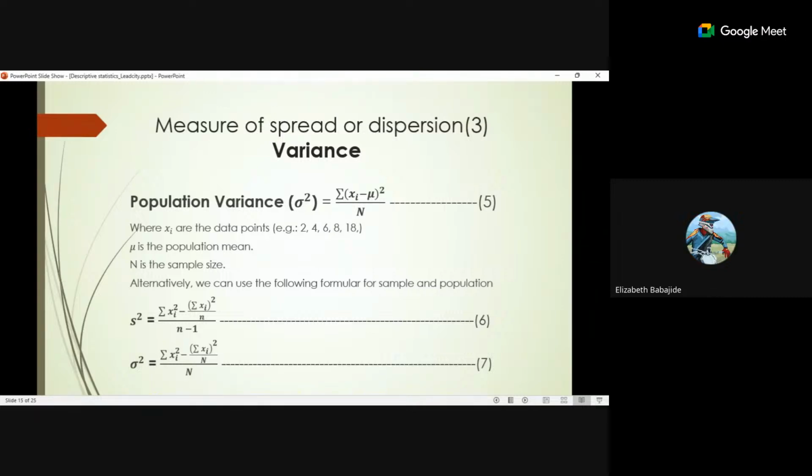The first formula for population variance, is it the same thing as the second formula, number 7? The formula in number 5, is it the same thing as formula 7? You can use anyone. It's the same thing. The expansion of number 5 gives number 7.